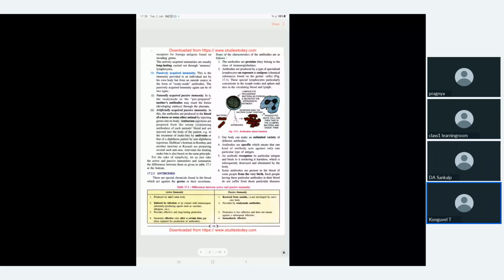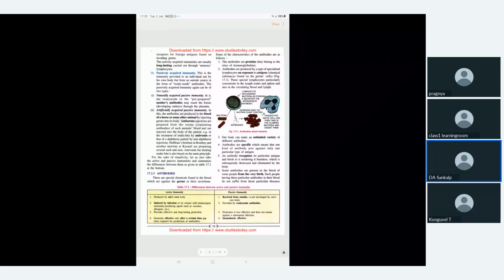Do you remember I told you there are 5 types of antibodies in our body? What are the 5 types of antibody? Antibody is a common term. There are 5 types in our body. Let me remind you, I gave a word, GAMED, G-A-M-E-D.